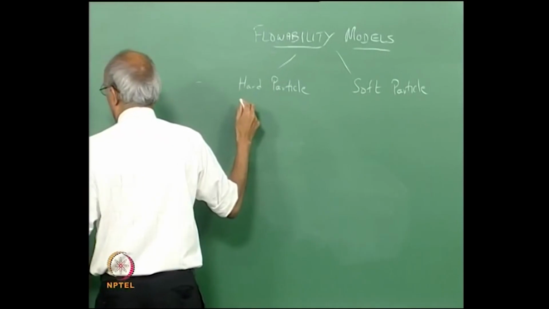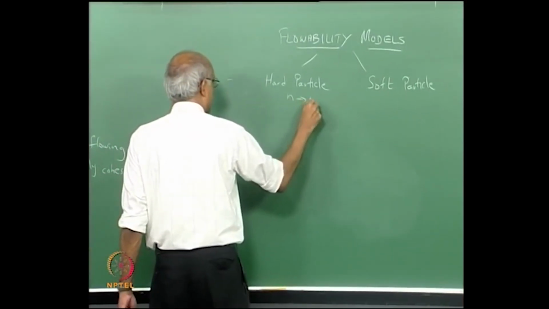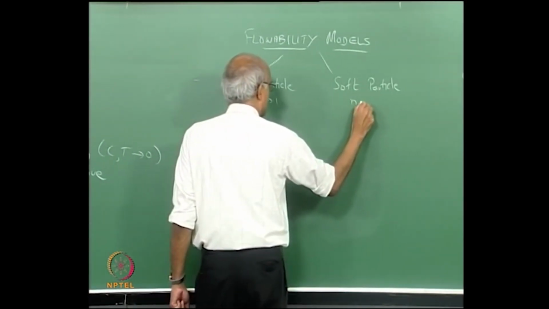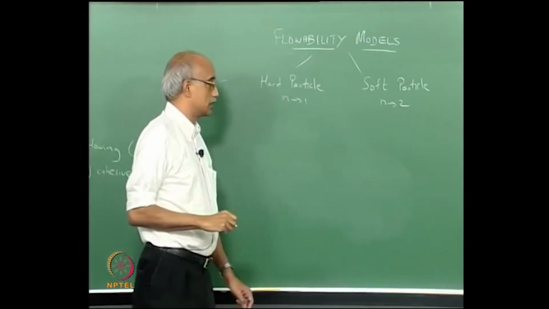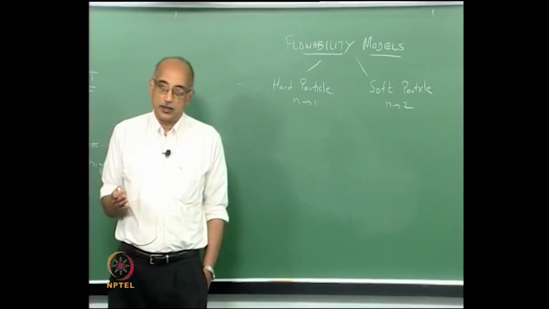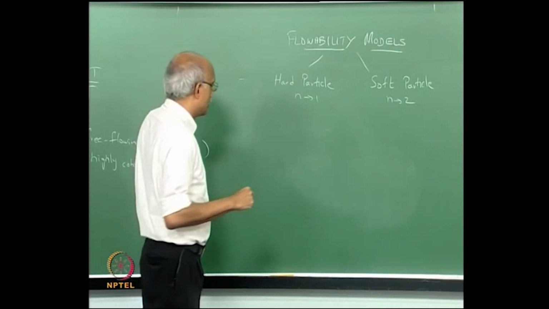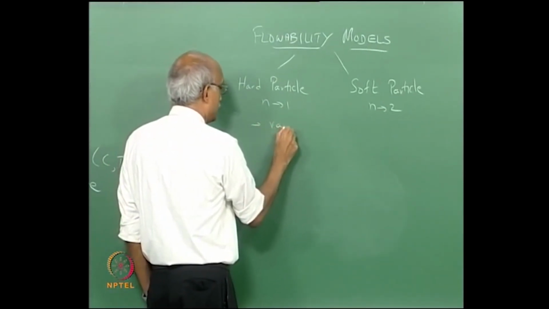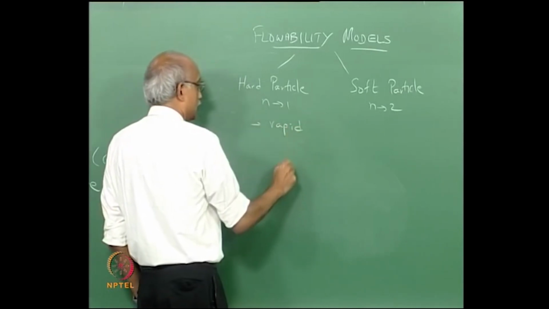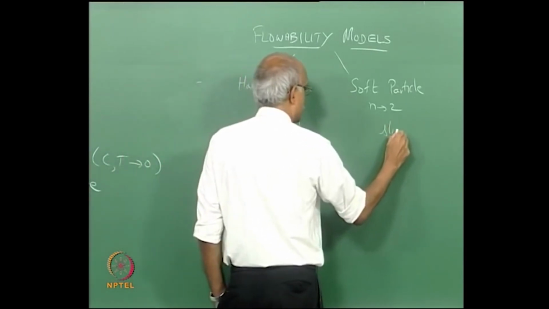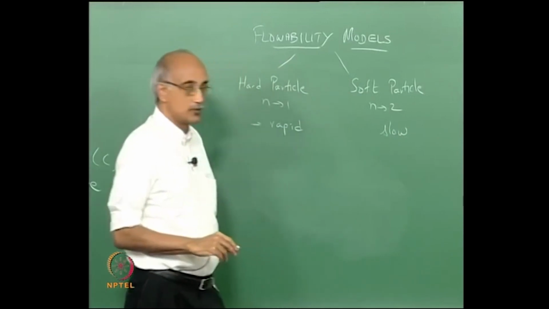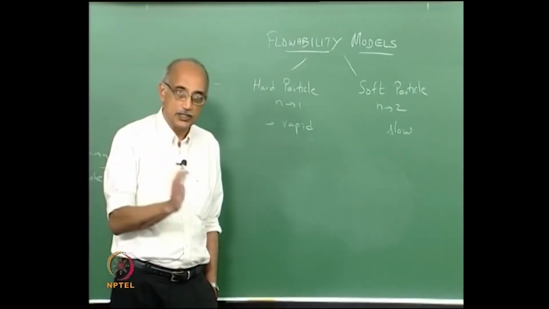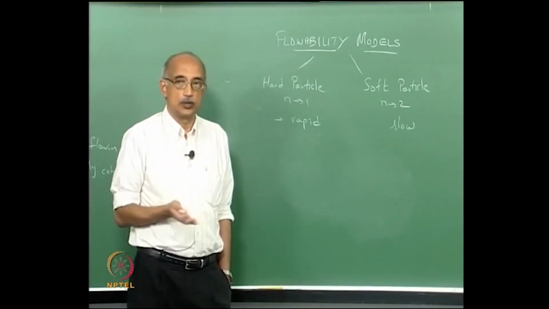So the hard particle model corresponds to the case where n tends to 1, and the soft particle model refers to the case where n tends to 2. What are the differences? One main difference is in the case of the hard particle, you have rapid flows, whereas in the case of the soft particle model, where you have a more cohesive flow, the flow will be slower.